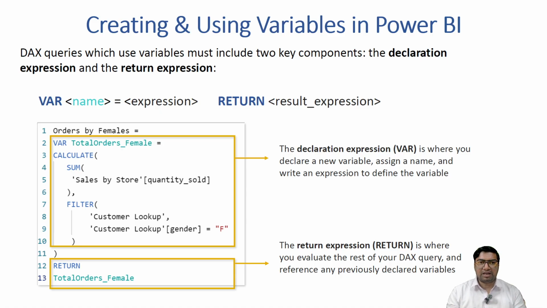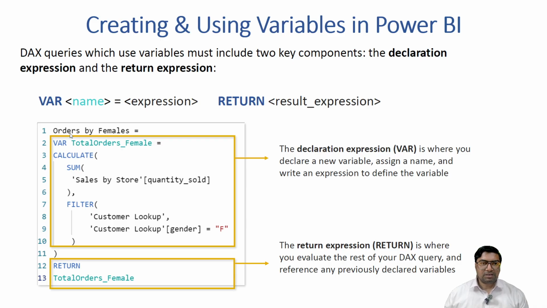And last, you need to return your expression. Here you give the name of your variable, then the expression, meaning your formulas and functions, and then the return, and your variable will be executed.